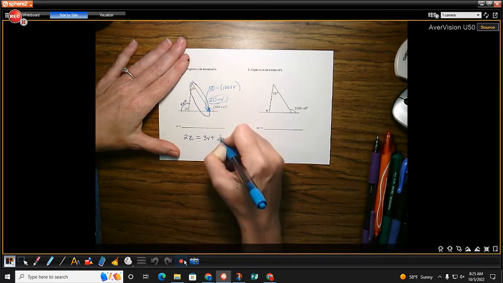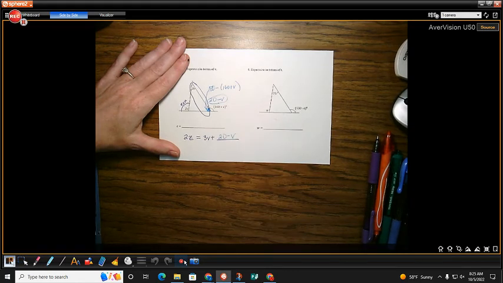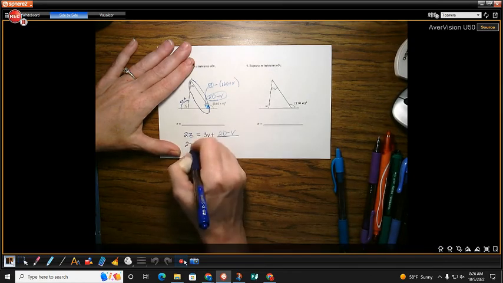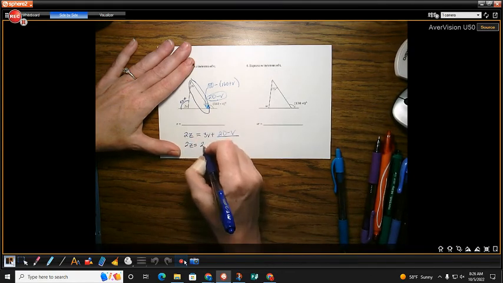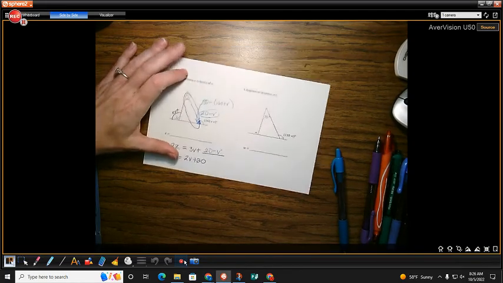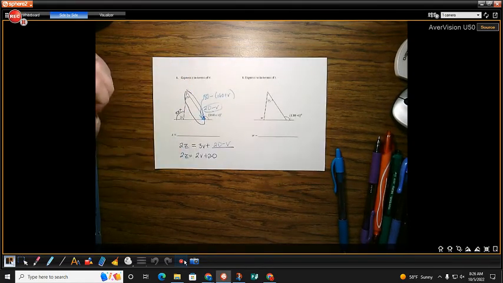So down here, I'm going to park my 20 minus v. And then you do the algebra. What do you get when you algebra this? 2z is equal to 2v plus 20. Have I expressed z in terms of v yet? No, I've expressed 2z. How do I get it down to just 1z?